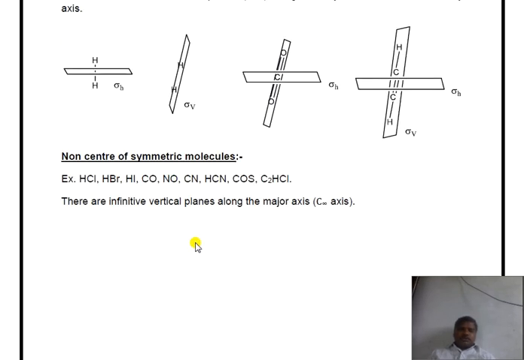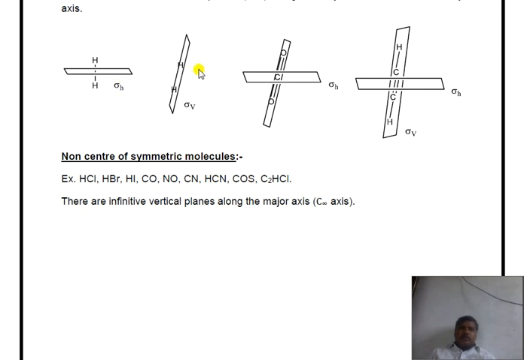But in the case of non-center of symmetry molecules like HCl, HBr, HCN, COS, in these molecules there must be planes of symmetry and also an infinity axis of symmetry. Here there is no horizontal plane of symmetry, but there are infinity vertical planes of symmetry.